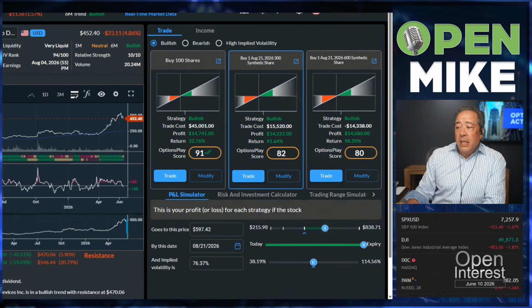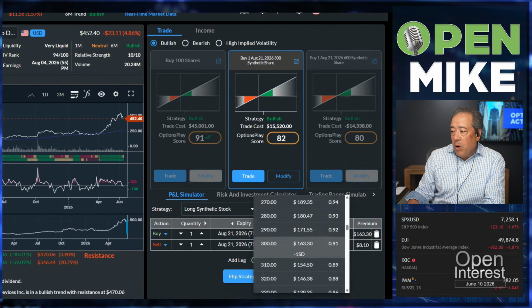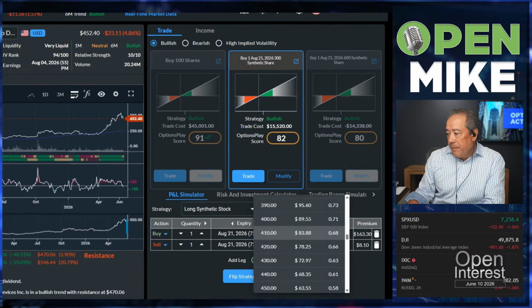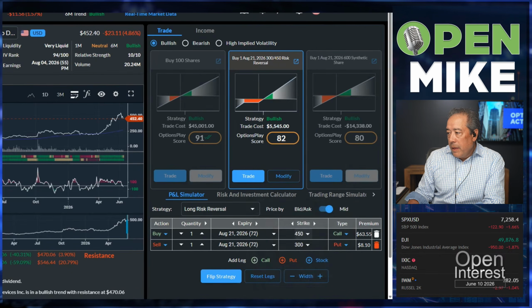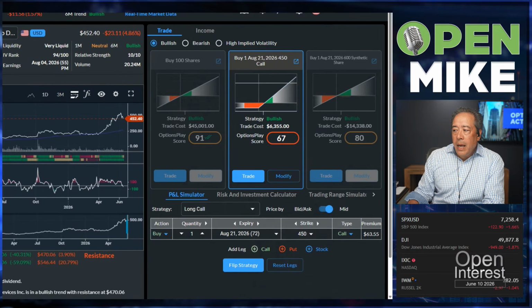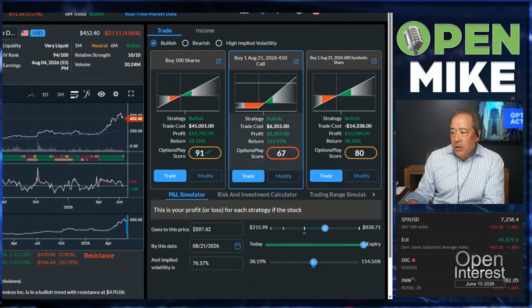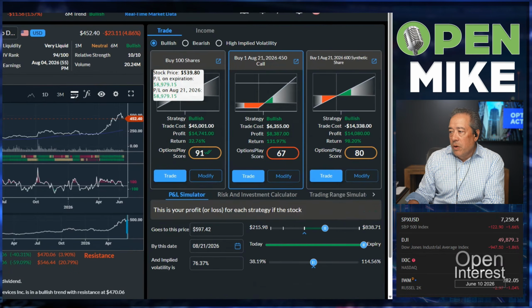Other examples of synthetics that we could do. I could, for example, let's just go back to our 400 call or 450 call that we had here before. I've got a 450 call. All right, so there's our call option. Now, what happens if I take my stock position? All right, so that was with we're looking at August, I think. August 450 call. So I've got stock.